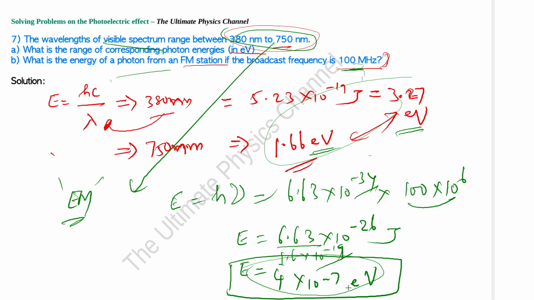So radio waves will not cause any photoelectric effect in metal surfaces. Typical energies are not sufficient.